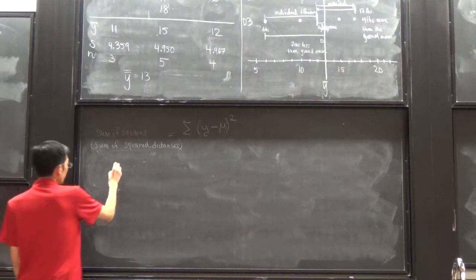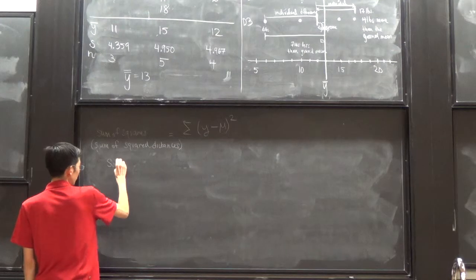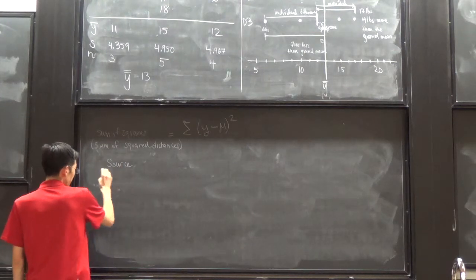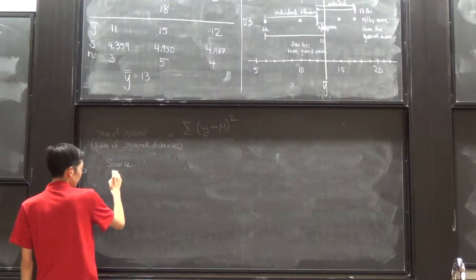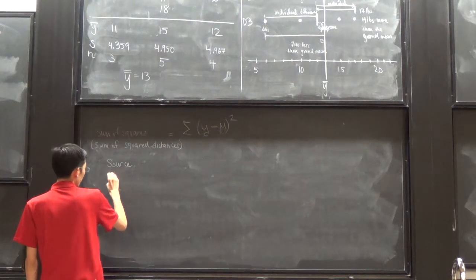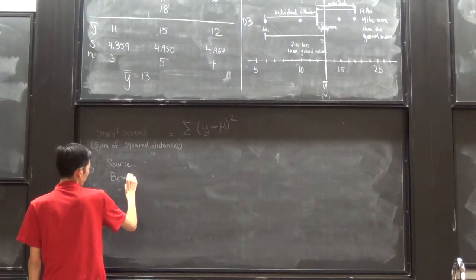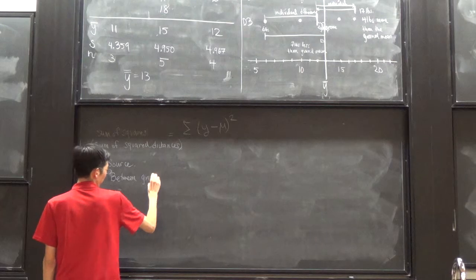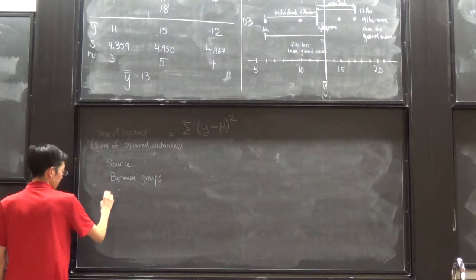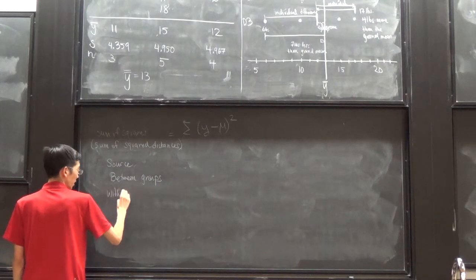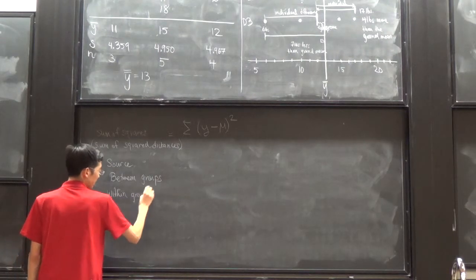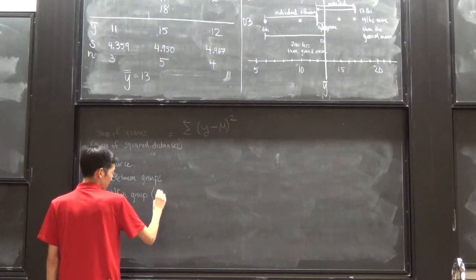And we break it up into what we call sources: between the groups and within the groups. And within the groups is basically the individual difference.